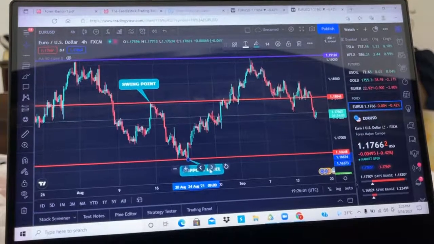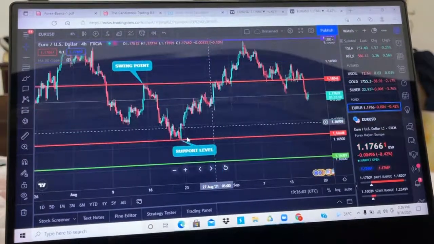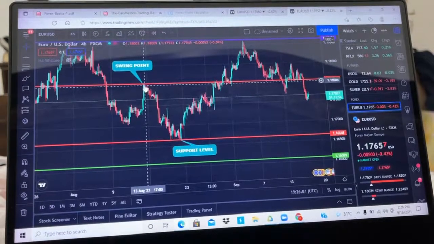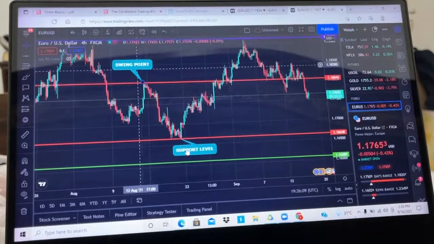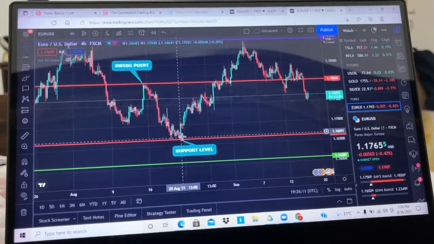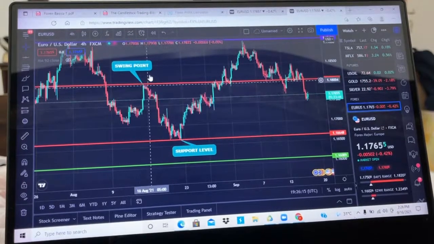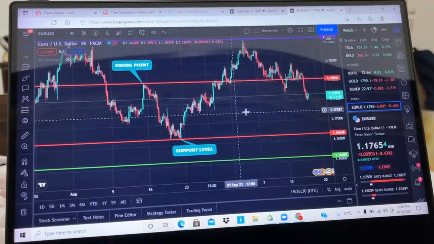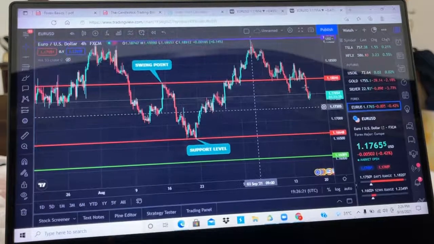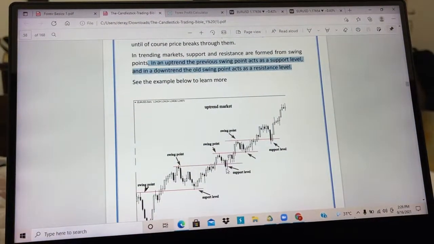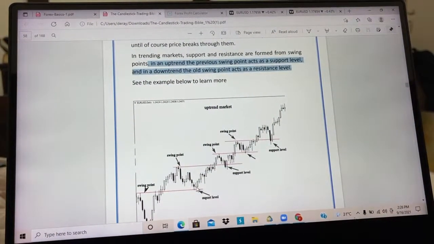at any time because it is so evident that even a baby can easily identify the swing point and the support. Right now, this is just one area for the swing point and support, because if we look closely, right, you notice on this illustration there was a situation whereby the candles went above the swing point.